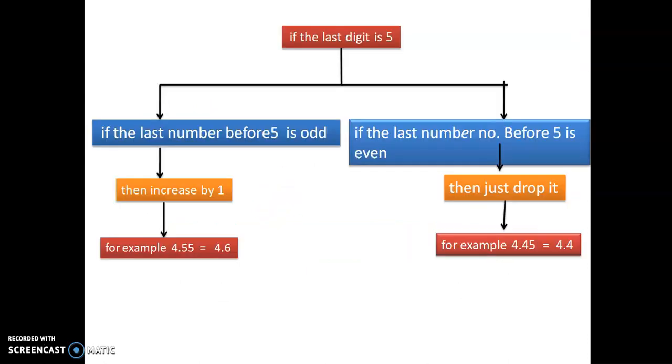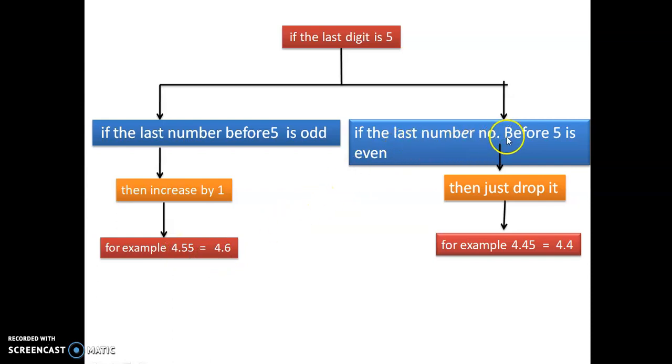Now we see if the last digit is 5, there are 2 criteria, right? So if the last number before 5 is odd, then increase by 1. For example, 4.55, this 5 is the last 5, and before that this 5 is present, which is odd. Okay, so we have this 5 plus 1, 6 we have to consider, so it becomes 4.6.